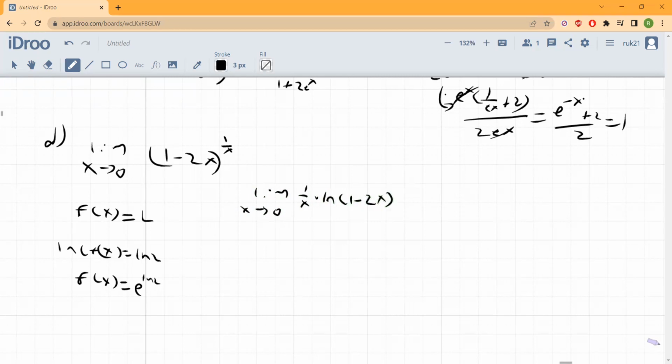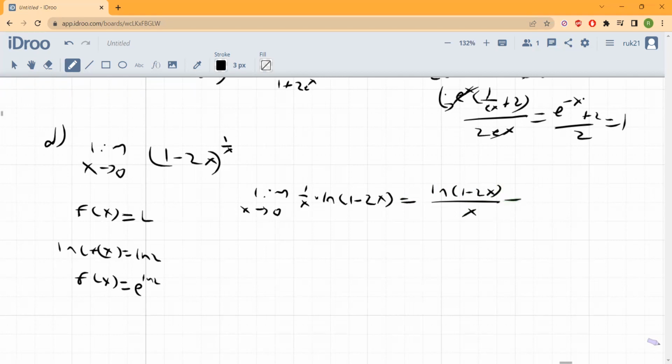If we think about it a bit further, we actually get our indeterminate case, which we like, because this can be viewed as ln of 1 minus 2 to the x over x. On the bottom is going to be 0. On the top it's going to be 1 minus 1, and ln of 1 is just 0. So then we get our indeterminate case.